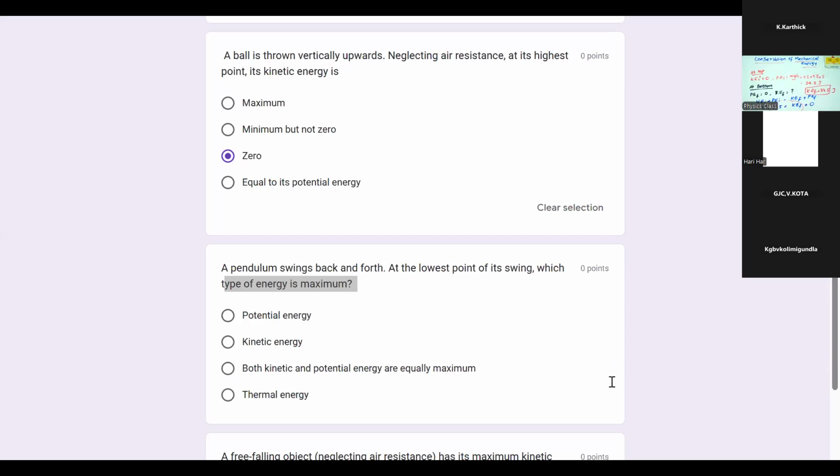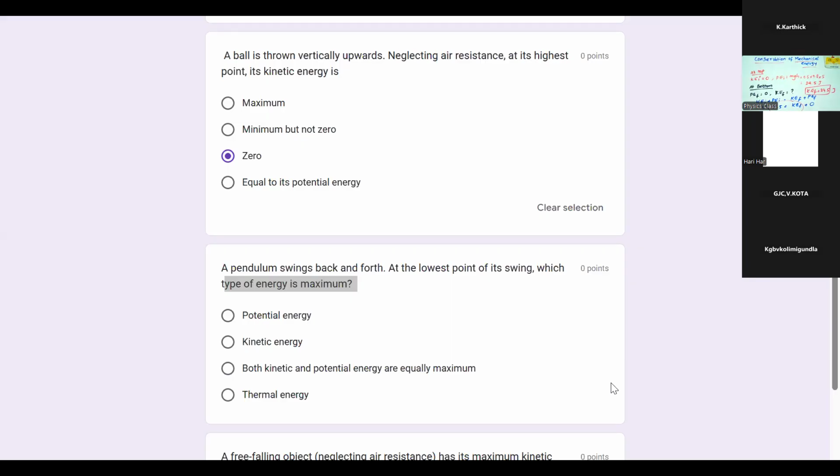A pendulum swings back and forth. At the lowest point of the swing, the options are kinetic energy, potential energy, both kinetic and potential energy equally maximum, or thermal energy. So thermal energy will be available in the case of ground level. Suppose the object hits the ground, not in the ideal situation, not in the closed system, not in the conservative system.